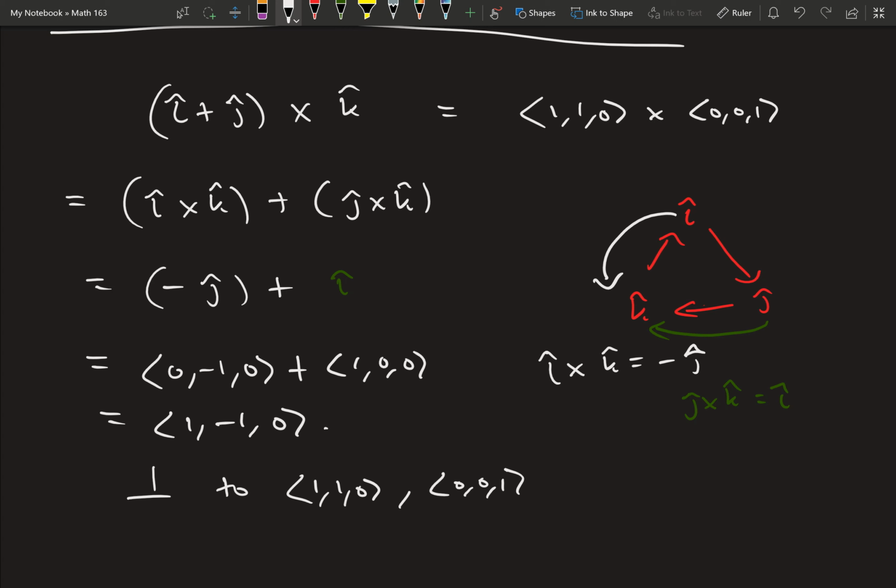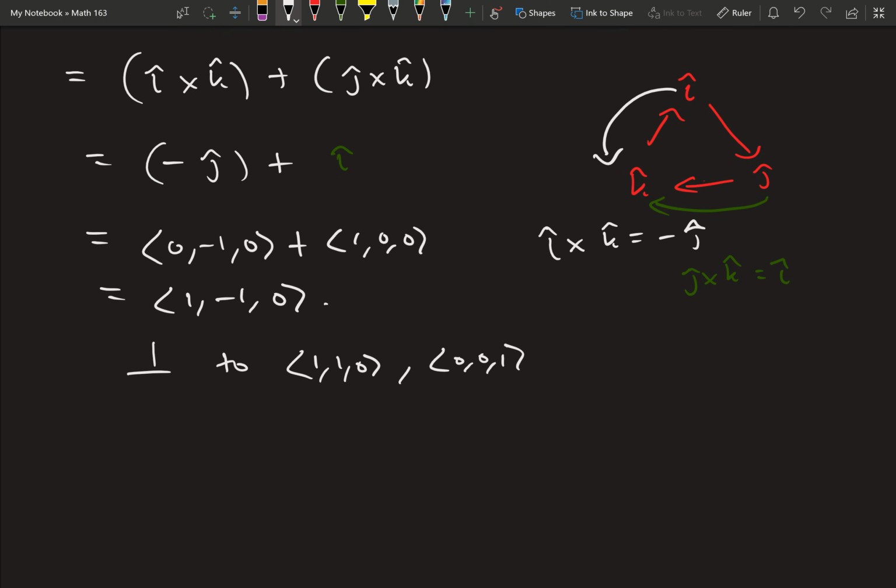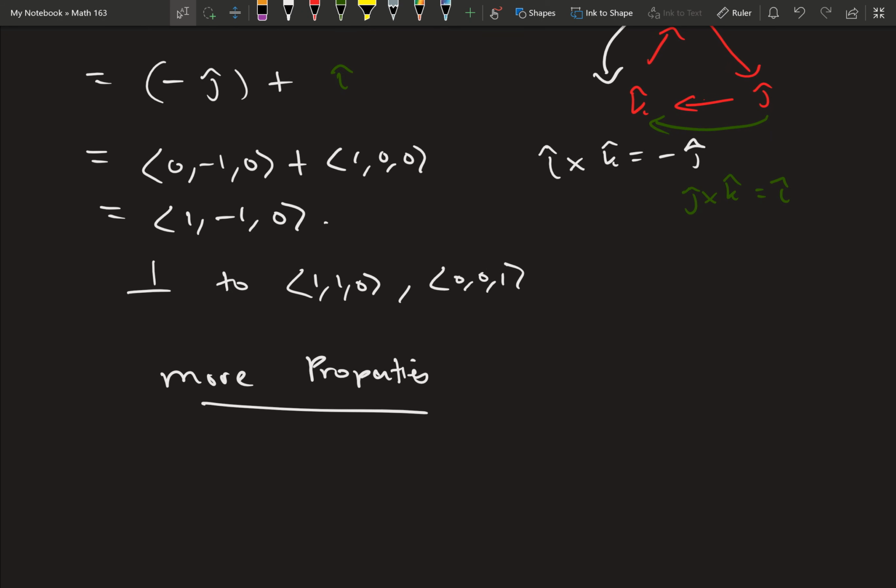Okay, so these are two properties. Let me list a couple more properties of the cross product. I'll just list two more. There's one or two more that are listed in the book, but I'm going to skip them. So let's call this property 3.